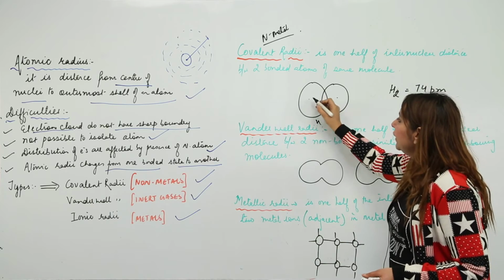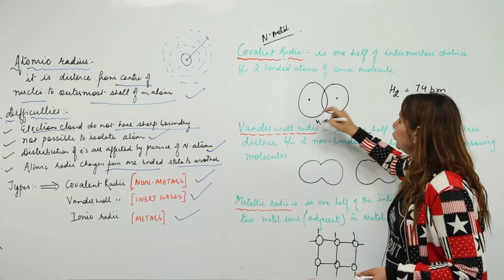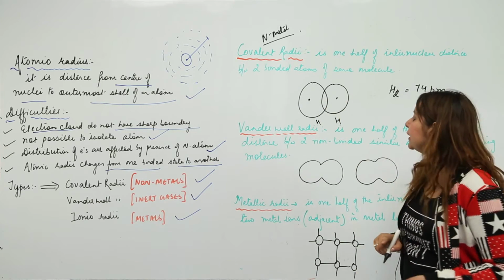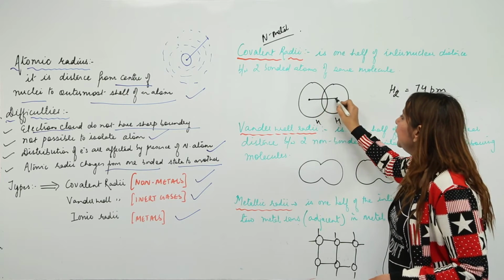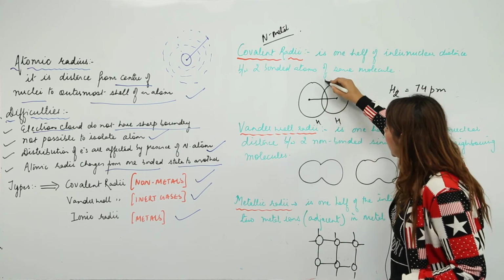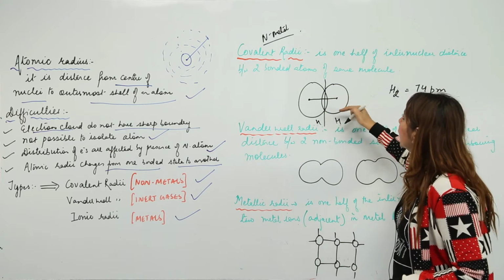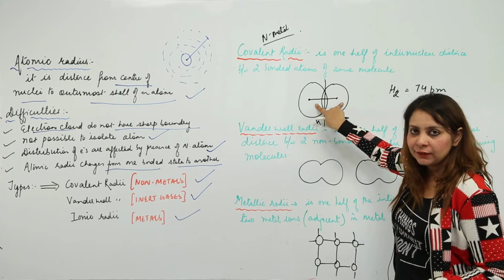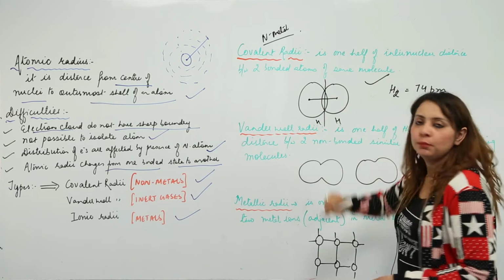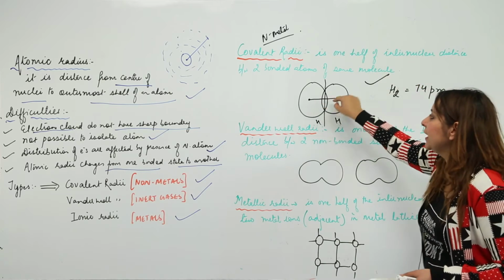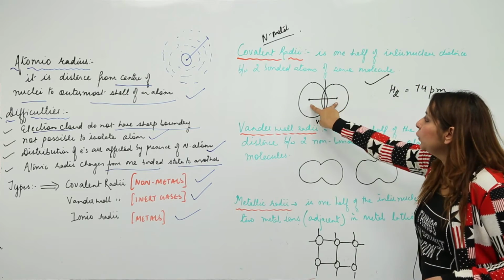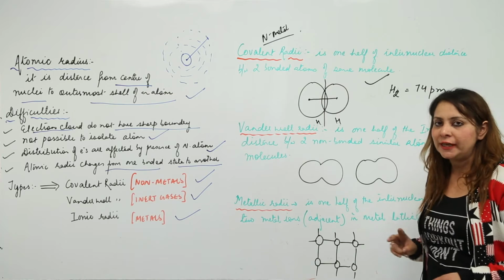Let's say this is the center of the nucleus of this atom and this is the center of the nucleus of the other atom. So covalent radius here refers to half of the internuclear distance between two bonded atoms of the same type in the same molecule.